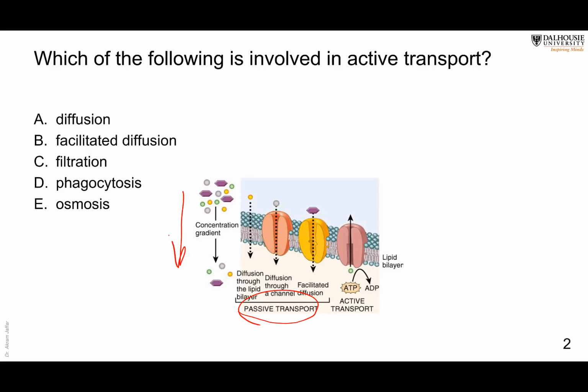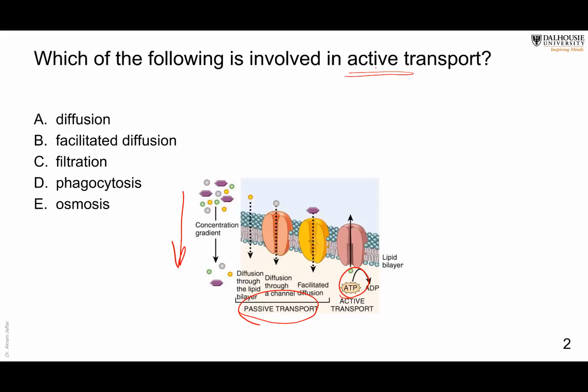But active transport requires the use of ATP to drive substances against their concentration gradient. So active transport, in other words, is the process that requires the use of energy to drive substances.